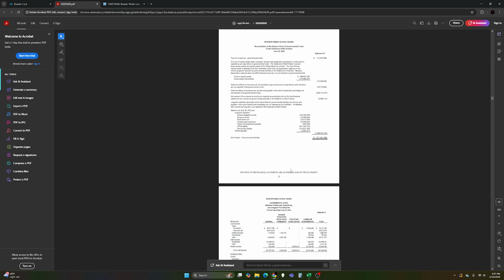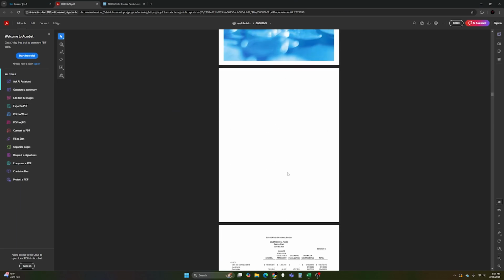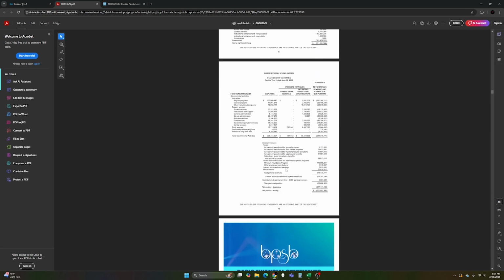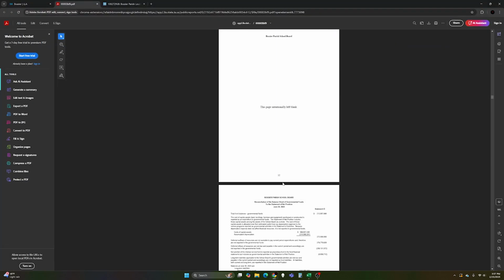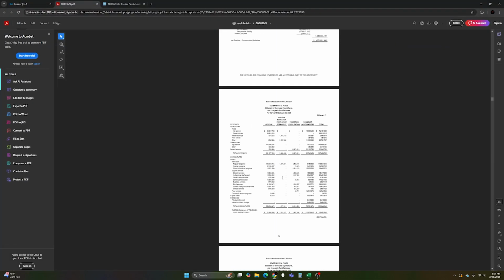Okay, so let's go to page 48. I have notes on page 48. You can see that the individual ad valorem taxes have been separated like that. And then if we go to page 54, you can see kind of everything together right here.